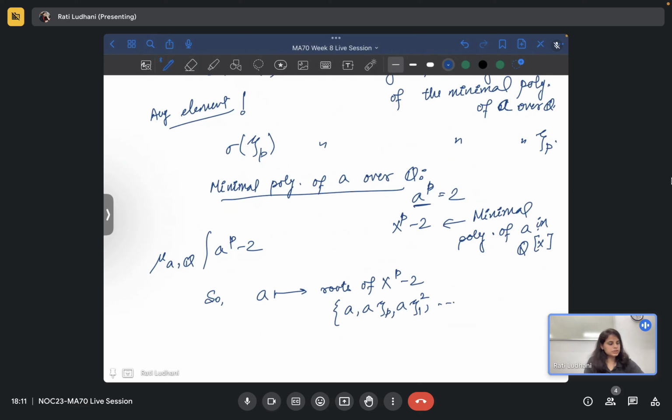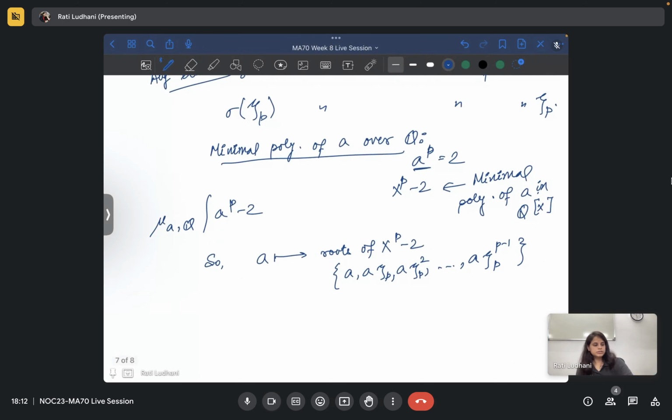We have already seen these are all the roots. So these are all the options. Now let's see where zeta will map.